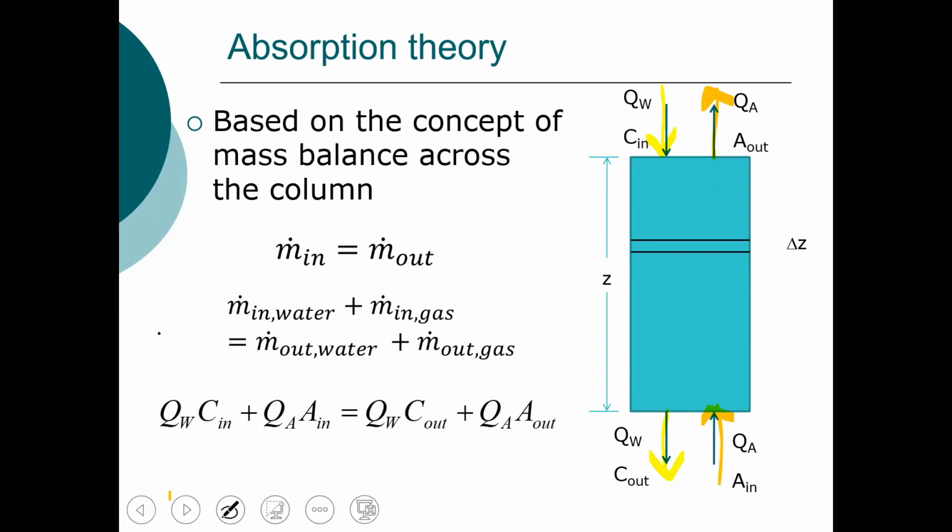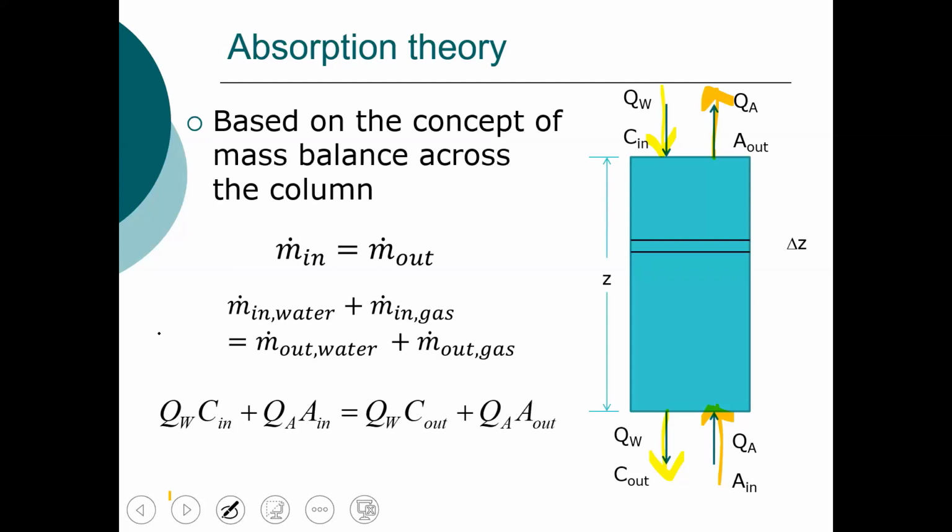So we have the rate of mass in equals the rate of mass out. Now, we're assuming here, and I'll explain this a little bit more in the next slide, that we have no reaction. So mass in equals mass out.